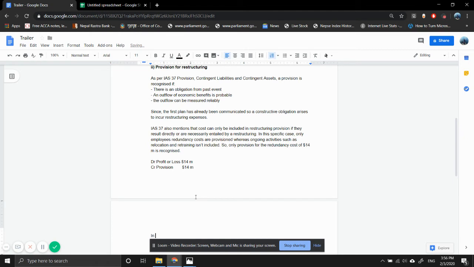In the second plan, 20% of the finance and IT department employees will lose their job.